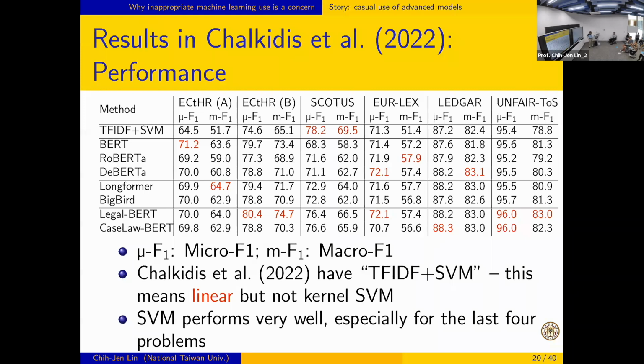Okay. So first, you know F1. F1 means the harmonic mean of precision and recall. And the micro F1 means you consider all the labels together to calculate the overall F1. But macro is like a label-wise F1. So for the first label, you calculate the F1 value. For the next label, for their prediction, you also have an F1 value.